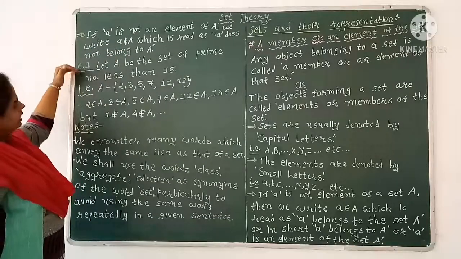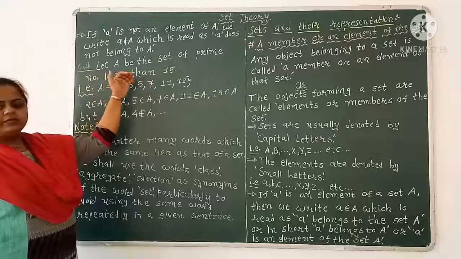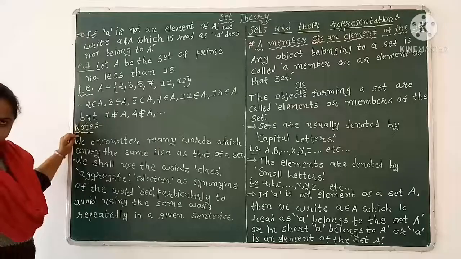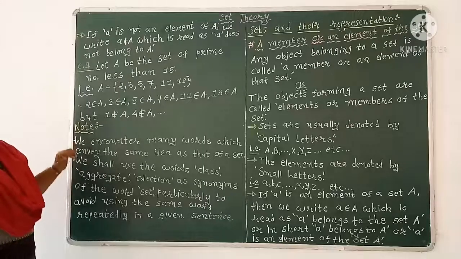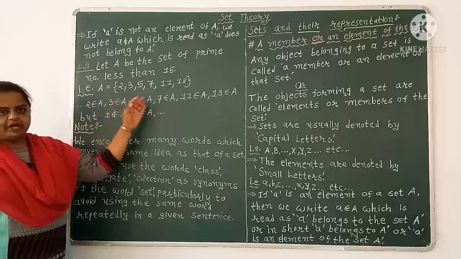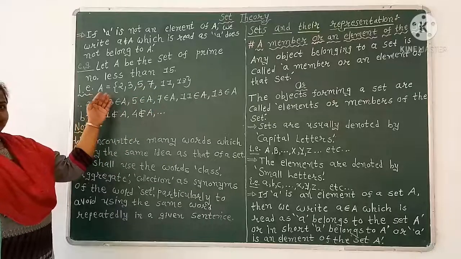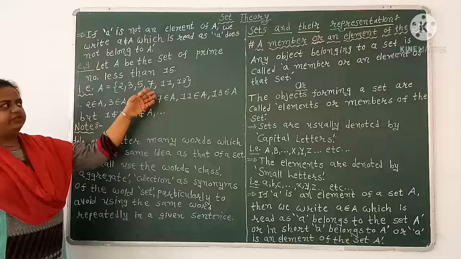For example, let capital A be the set of prime numbers less than 50. And we know prime numbers, that means positive integers having two factors, 1 and the integer itself. So, prime numbers less than 50 are 2, 3, 5, 7, 11 and 13. So, A is equal to the set {2, 3, 5, 7, 11, 13}.